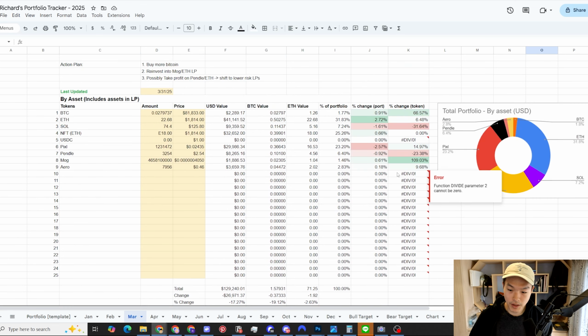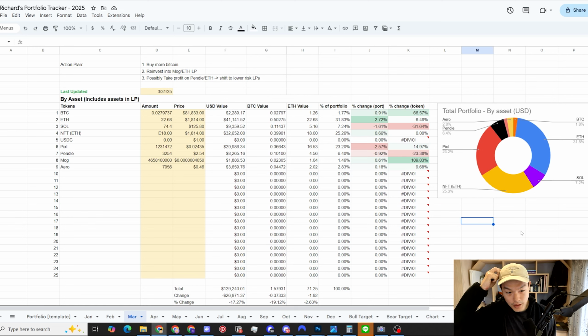The reason why I made this is because I want to make sure that I'm not overweight in any asset, right? For example, you could see I'm pretty overweight in Ethereum, Pixel, and ETH here. And that's why I started using more of my fees to buy stuff like Bitcoin or Solana, to balance out my portfolio and my risk a little bit.